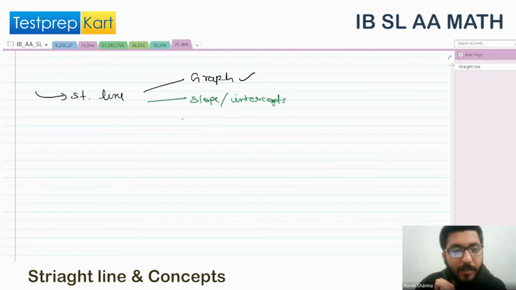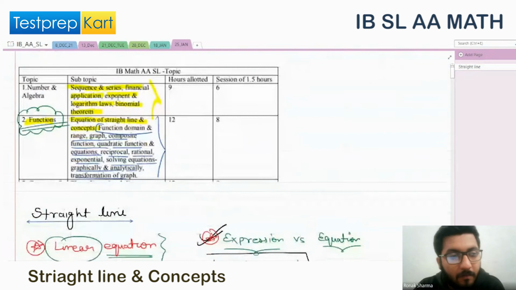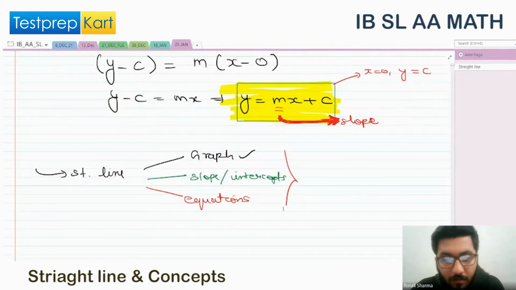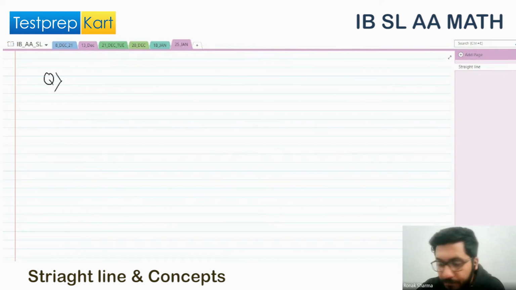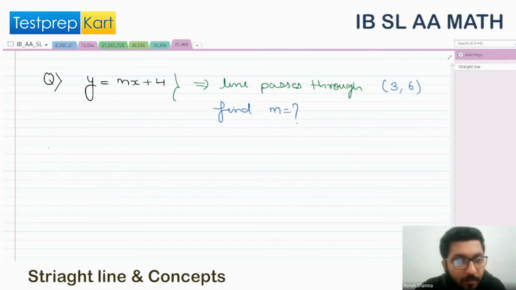Then we saw how to find the equations of the straight line. Now, let's solve this question.